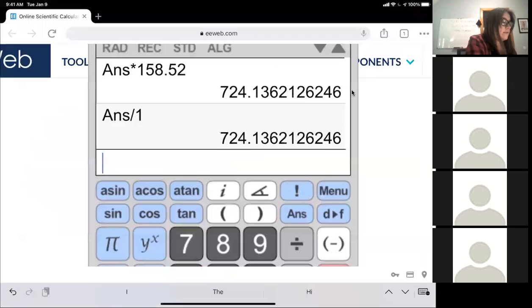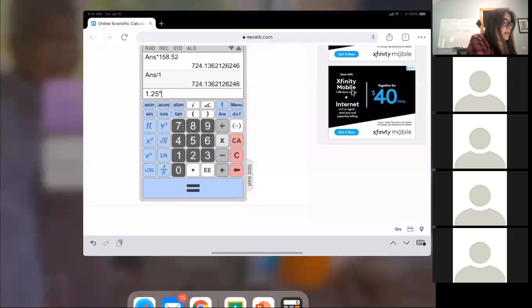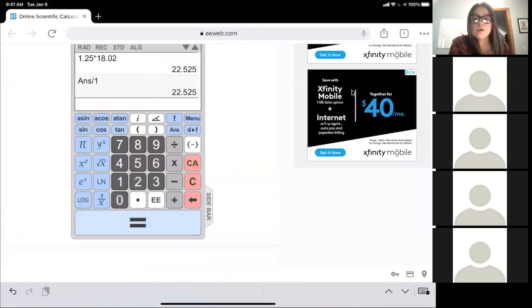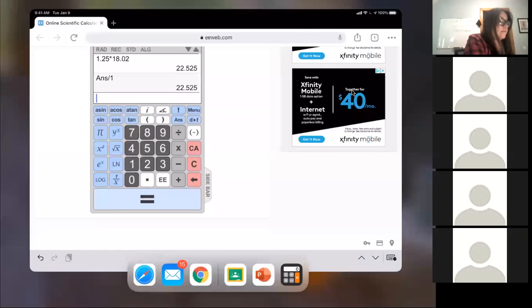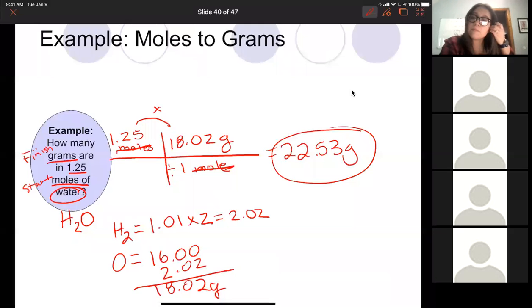So 1.25 times 18.02 divided by 1 is 22.525, or 22.53 grams. Questions? Okay.